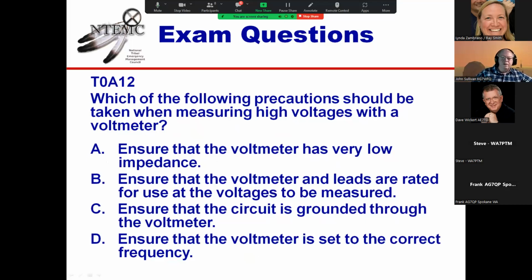Ensure that the circuit is grounded through the voltmeter. You don't want to ground it through the voltmeter. And ensure that the voltmeter is set to the correct frequency, where there are no frequency settings on a voltmeter. So the answer is B, ensure that the voltmeter and leads are rated for use at the voltages to be measured. It's kind of a common sense answer. Use equipment that's rated for what you're going to use it for.